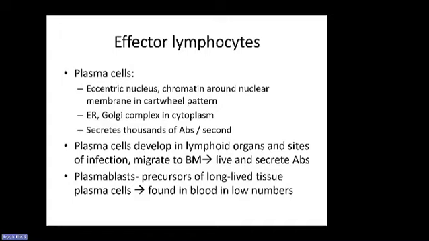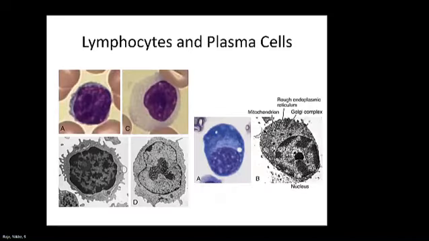Plasma cells develop in the lymphoid organs, and then they migrate to bone marrow and live there and secrete the antibodies. Plasmablasts are precursors of long-lived tissue plasma cells. They are found in blood in really low numbers. So here's the eccentric nucleus and the cartwheel pattern that you see in the plasma cells.